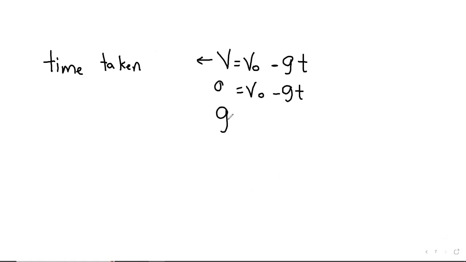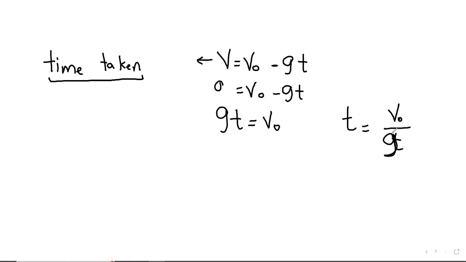Move it to the other side, so GT equals V initial. So the time taken equals V initial over G. We use this rule directly to get the time taken to reach the highest point, or the maximum height.